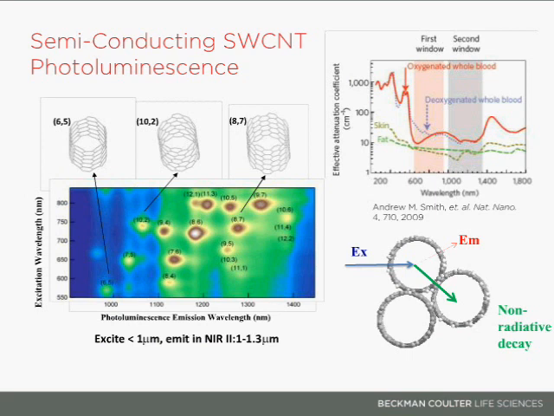So you're able to achieve better depth penetration and higher sensitivity when imaging in this region. It's key, though, to have individually solubilized carbon nanotubes, to have a surfactant that breaks them apart into their individual carbon nanotubes instead of bundling all together, because any metallic carbon nanotube bundled to a semiconducting will actually quench the fluorescence.